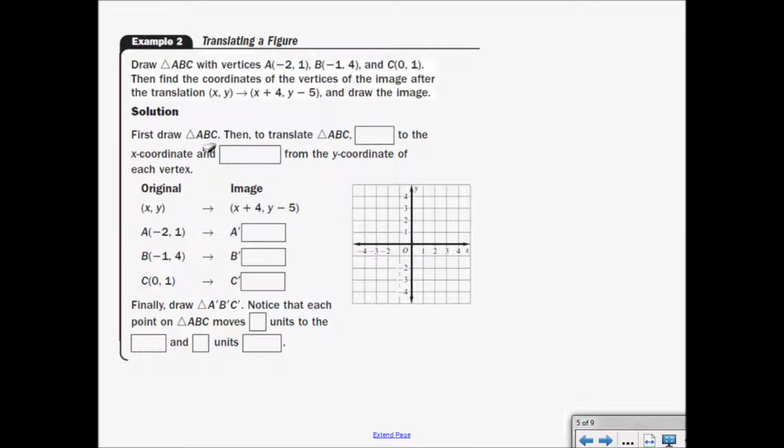First, draw triangle ABC. So we are going to put A at -2, 1, B at -1, 4, and C at 0, 1. Our triangle.